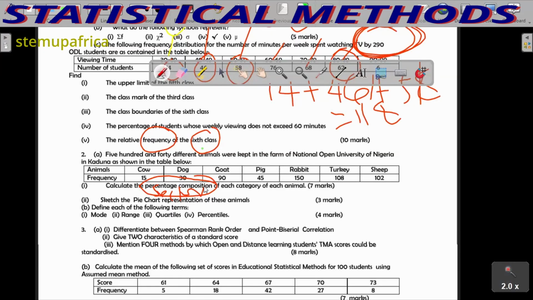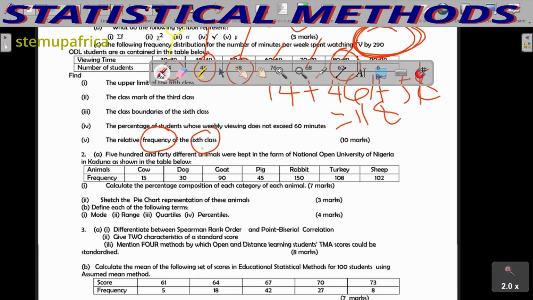It's supposed to be sector, because you are going to use it to answer Roman figure 2. Since it requires you to use it to draw a pie chart, that means it's a wrong question. But we're going to do it in both. We're going to calculate the percentage and also calculate the sector, so that in case anyone comes, you know the right thing to do.